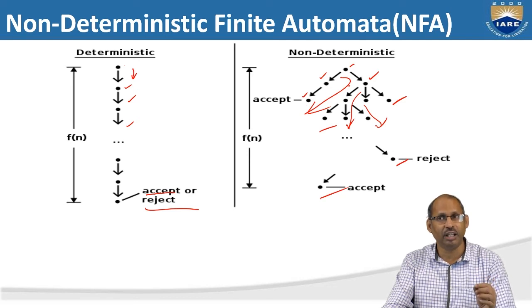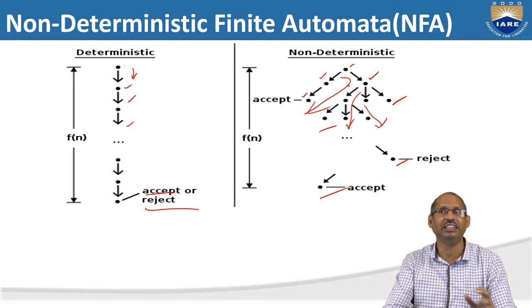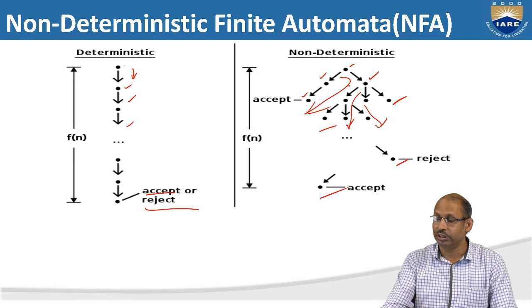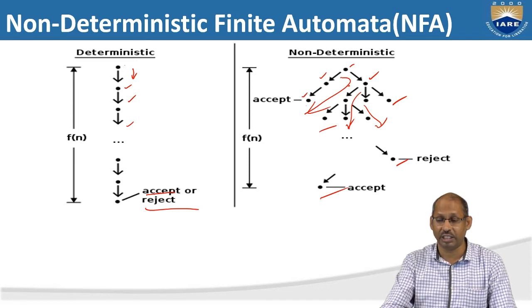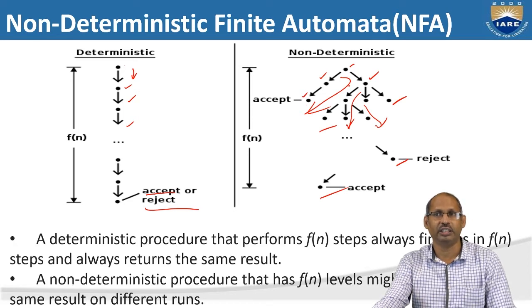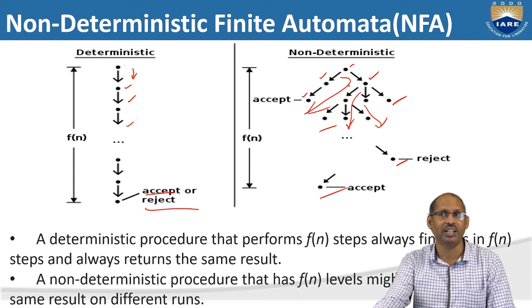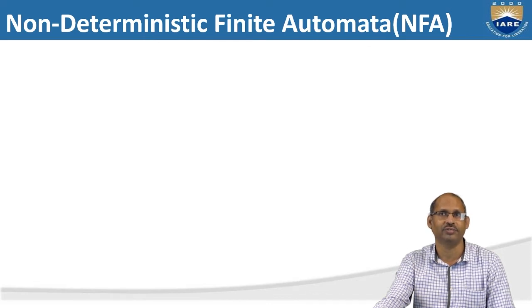If one of them is a final state, the string is accepted. Otherwise, the string is not accepted. That is the main difference between DFA and NFA. On reading some string, it will give some number of states as output. If one of them is the final state, the string is accepted; otherwise, not accepted.